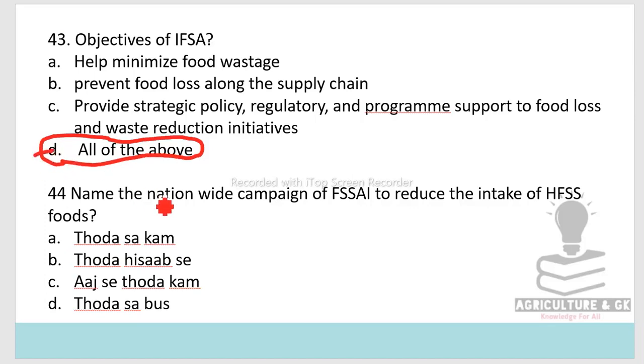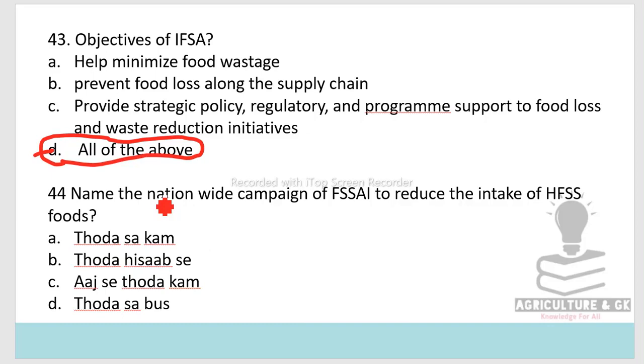Now moving next, name the nationwide campaign of FSSAI to reduce the intake of HFSS food. So which of these is the name for the food campaign that was run by FSSAI to reduce the intake of HFSS foods? So which are HFSS foods?